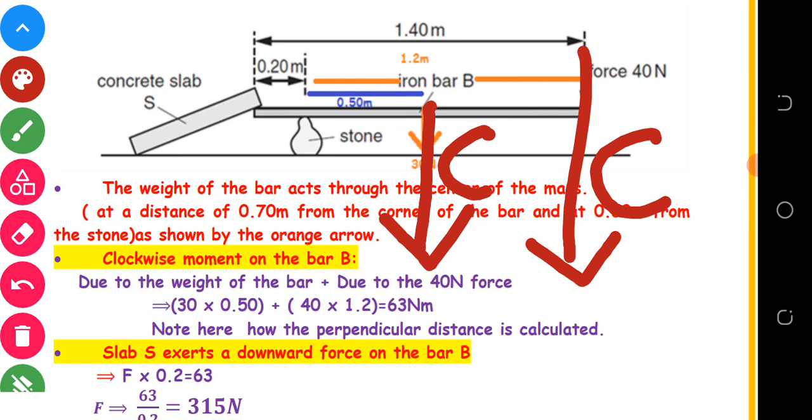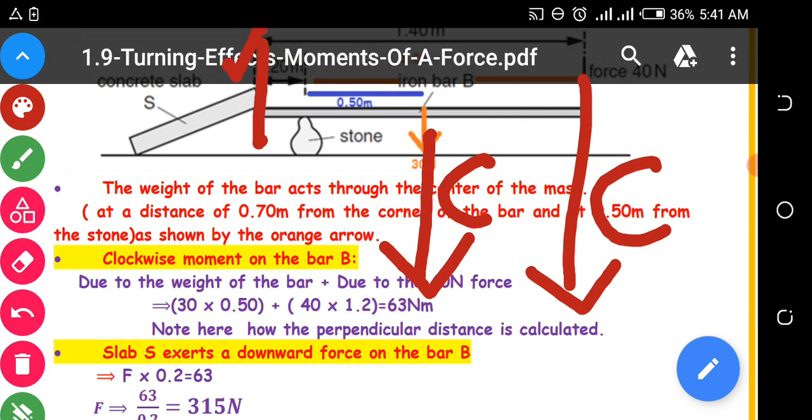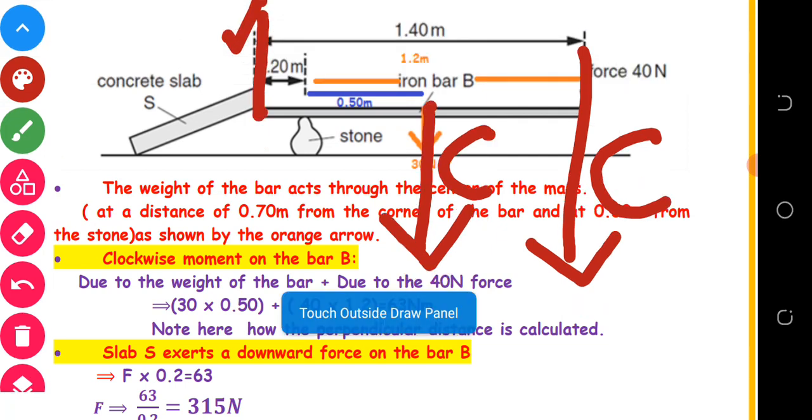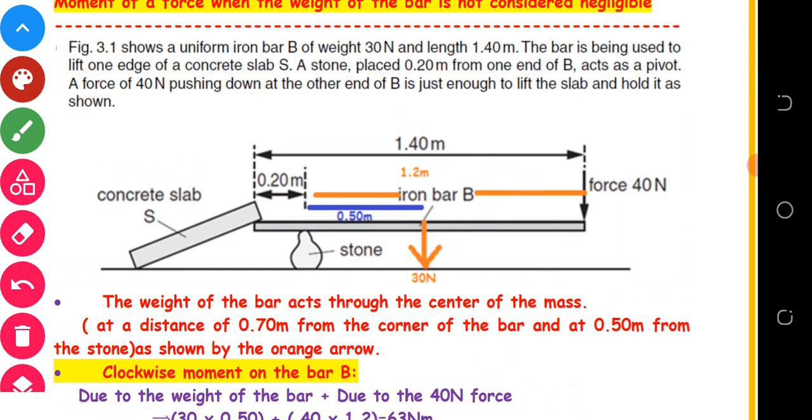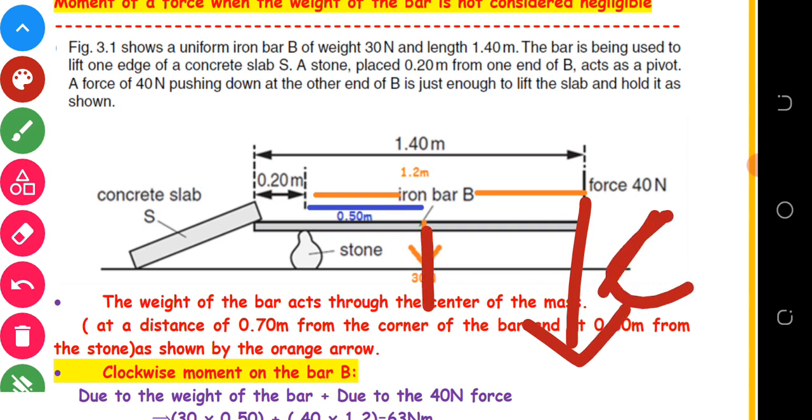Then we have the force that's lifting the concrete slab. We have our first force, the 40 Newton, in the clockwise direction. We have our second force, the 30 Newton, which is the weight of the iron bar through the center of mass, in a clockwise direction as well.